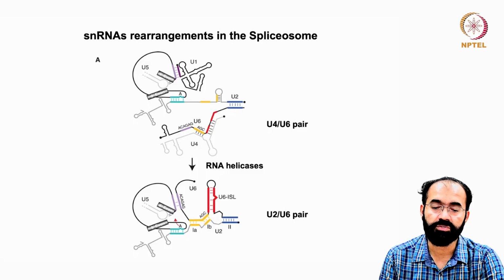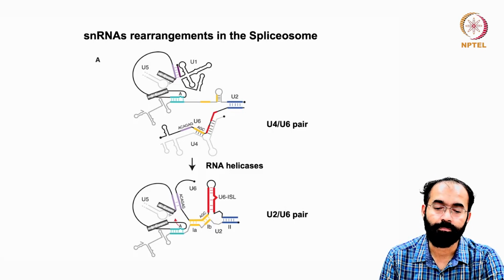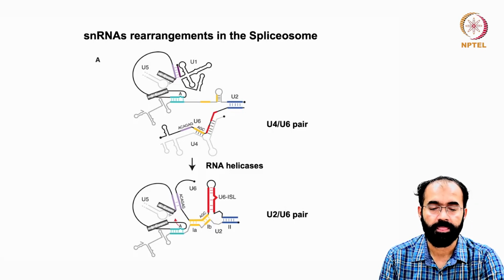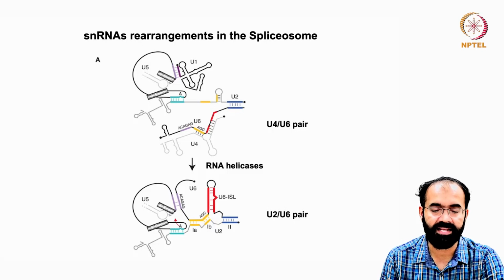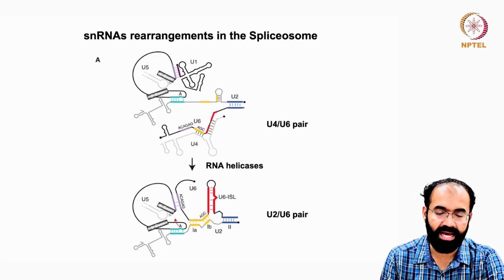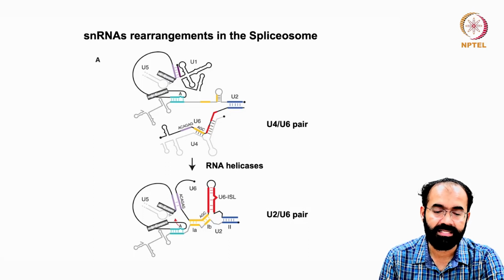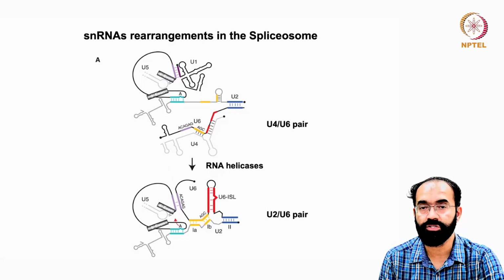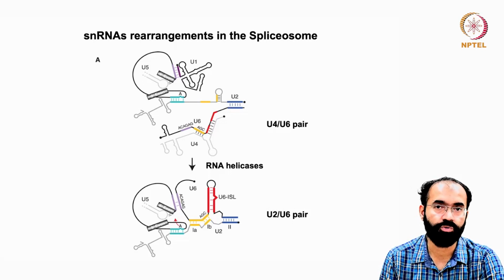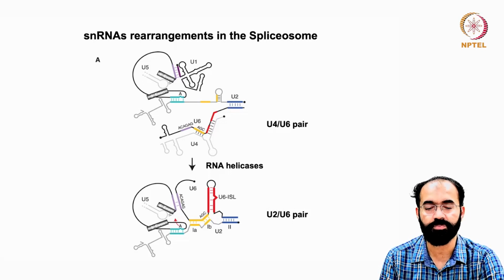So the U4 U6 pair now pairs partly with U2, and then what happens? An RNA helicase activity takes place, and because of this, the U1 which had paired here is now replaced by U6, and when U6 comes, it brings U2 along too, because U2 is at the branch point.